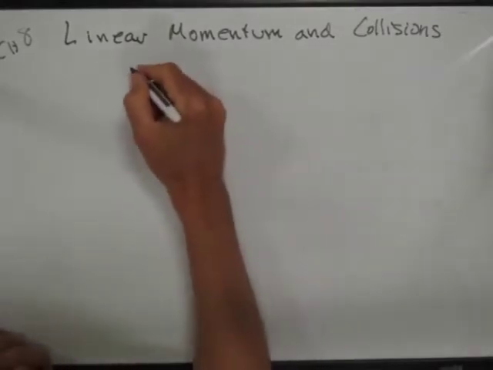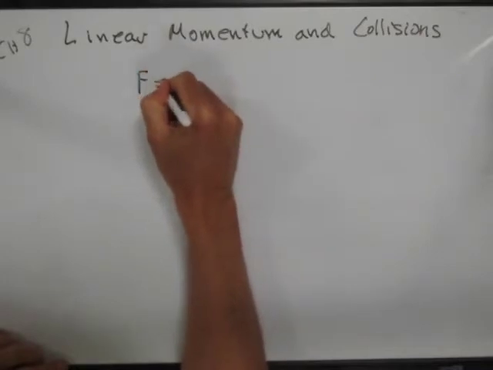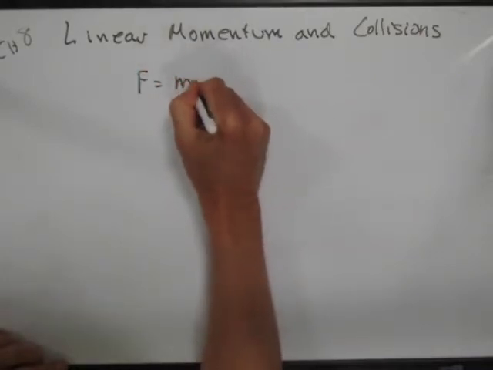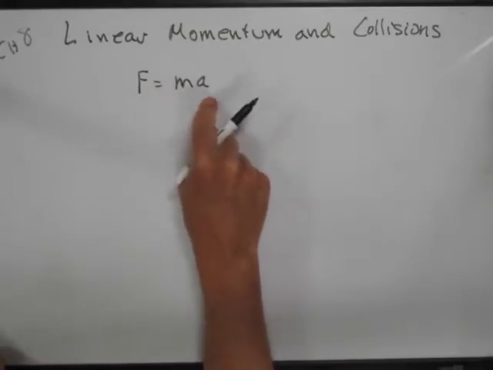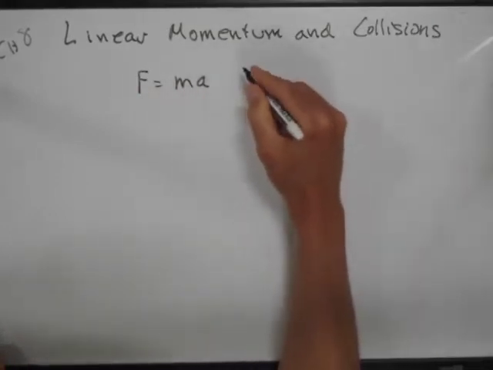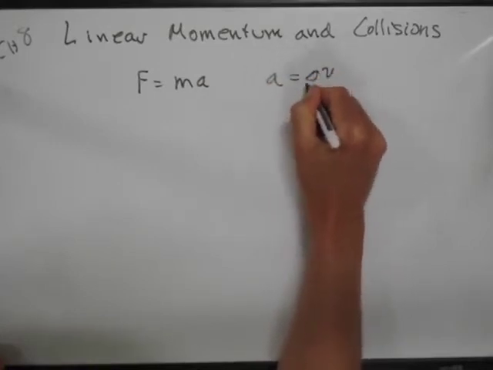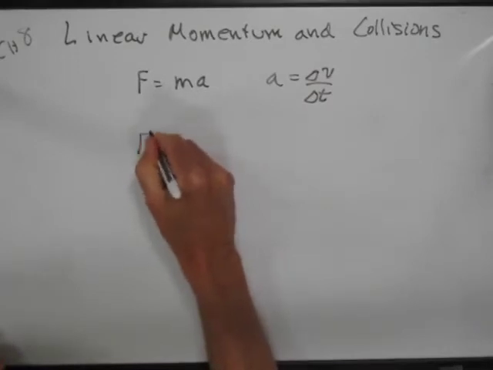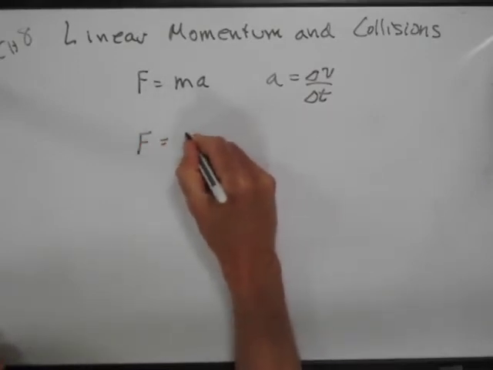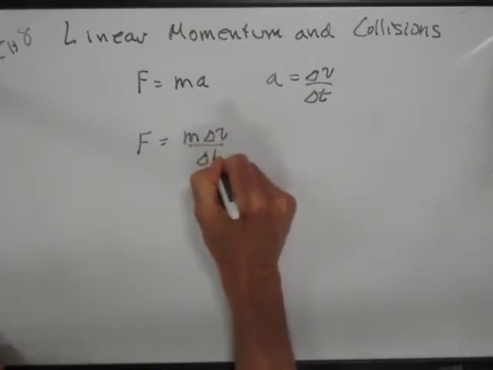So if you remember Newton's laws, we said that force was equal to mass times acceleration, right? That is Newton's second law. And acceleration is the change in velocity over the change in time. So you can write the force as the mass times the change in velocity over the change in time.